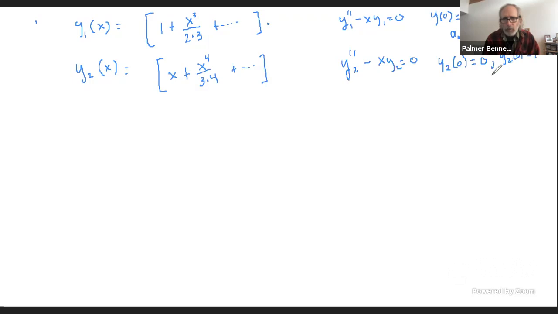Okay, this means we're going to take here a naught equals 0 and a1 equals 1. So these are separately solutions. And these things tell us that we have a fundamental set of solutions. So y1, y2 would be a fundamental set of solutions.